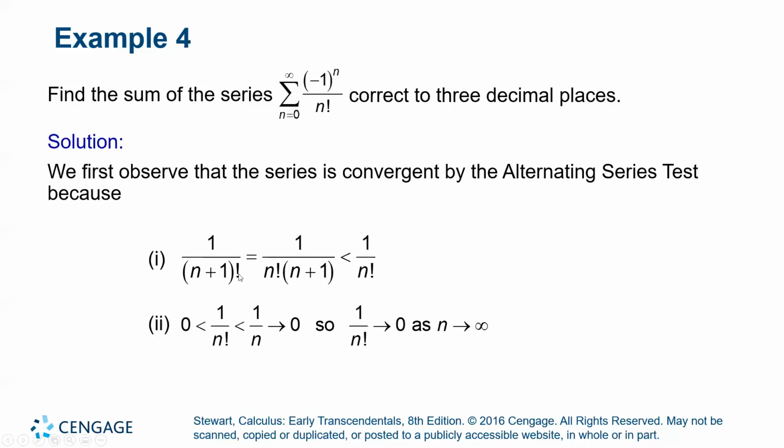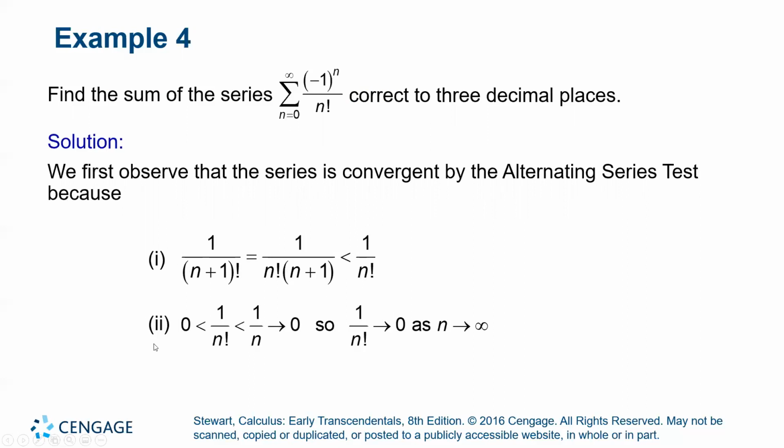How does that compare to 1 over n factorial? Well, n plus 1 factorial is bigger than n factorial. So 1 over n plus 1 factorial is going to be less than 1 over n factorial, because the bottom is bigger. It's a smaller fraction than this one. So it does satisfy the first condition.